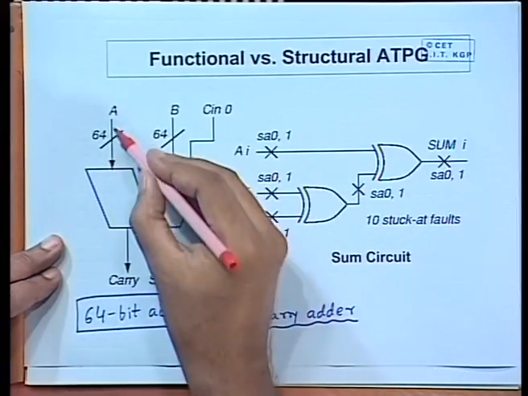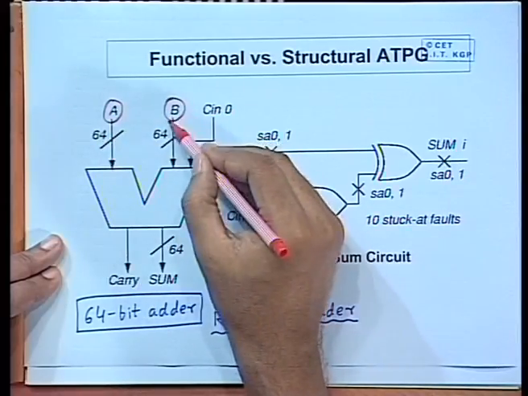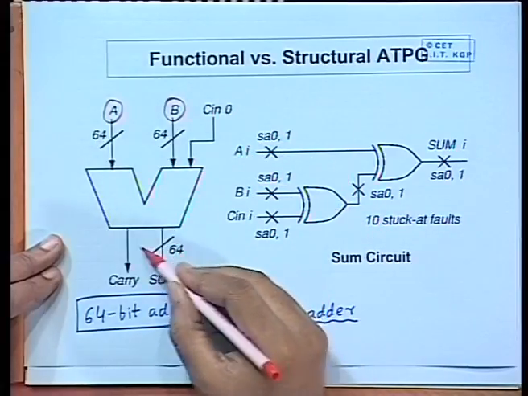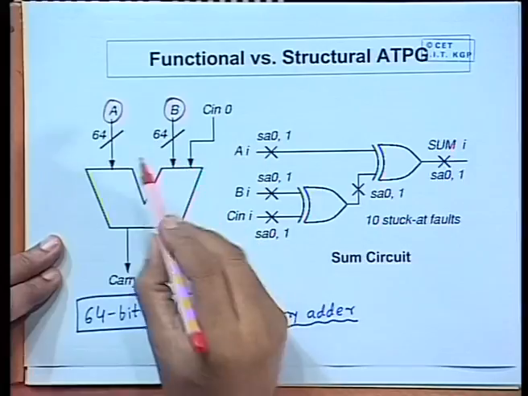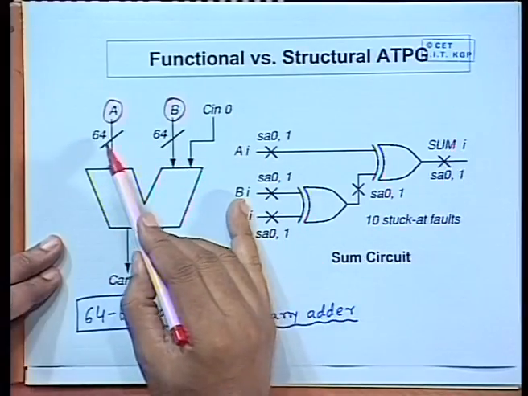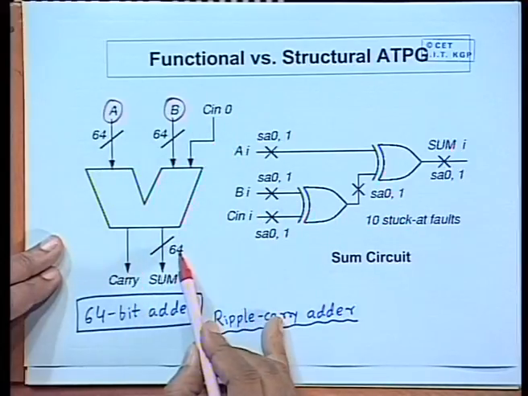This is an adder, this is the input A which is 64 bits, input B 64 bits, a carry in, sum will be 64 bits and a carry out. So, if you treat it as a black box, there are 129 inputs and 65 outputs.